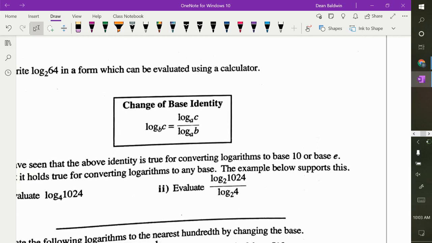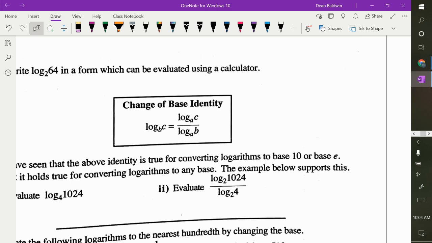Some calculators, such as this one, a Casio FX300 ES Plus, will allow you to change to any base you want.